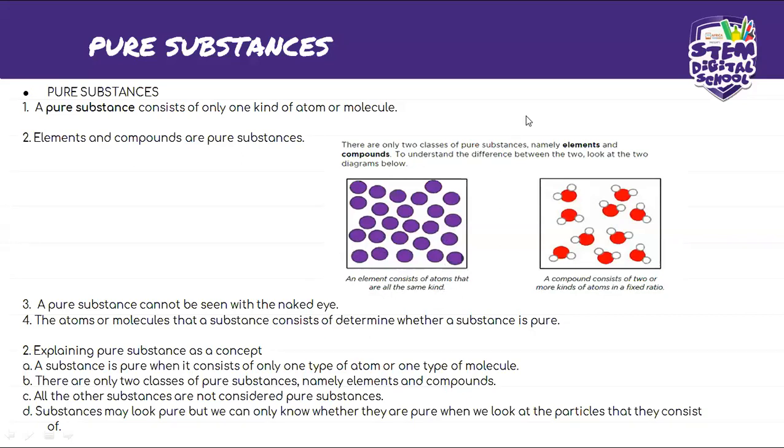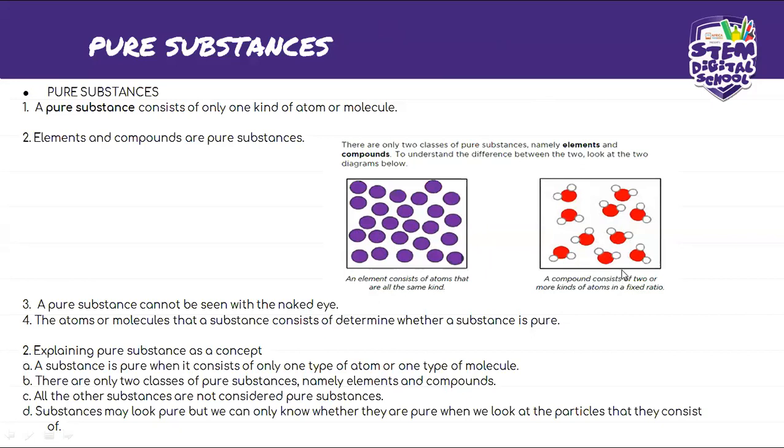So let's look at this diagram. You can see that it's purple, and this is what is a compound because you have got other things here.